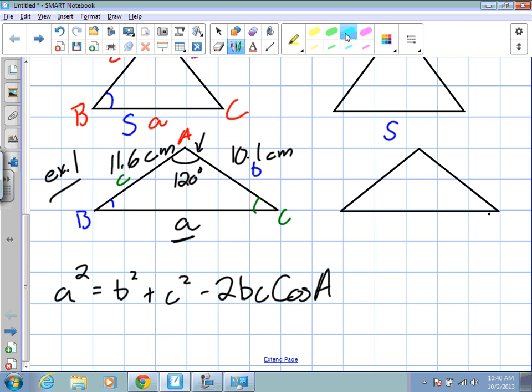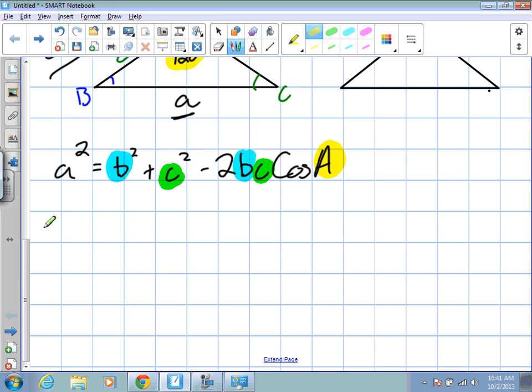So we have side B at 10.1. This refers to side B. This refers to side B. We need to replace those values with 10.1. Side C is 11.6. So this C and this C need to be replaced with 11.6. And angle A is 120. This is referring to angle A. We need to replace it with 120.